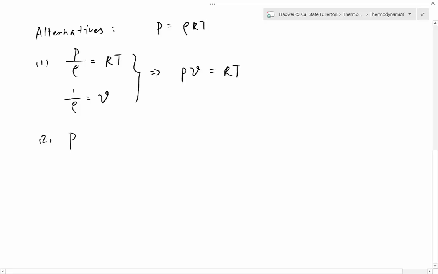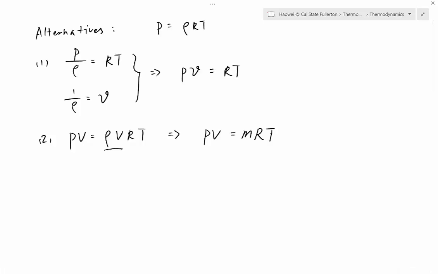So it becomes P times volume equal to density times volume times R and T. And then we keep the left-hand side, which is PV, and the right-hand side becomes rho times V, density times volume, that gives you mass. So it becomes MRT. So that's option number 2. PV equal to MRT, where V is volume.